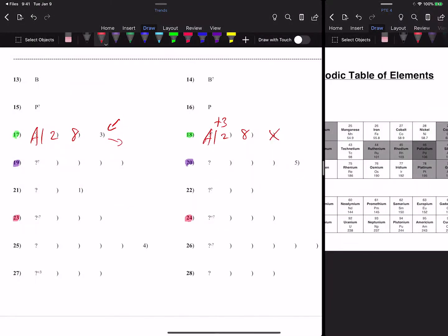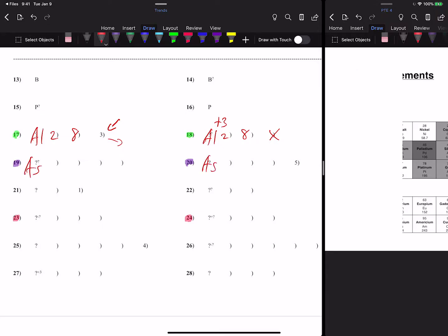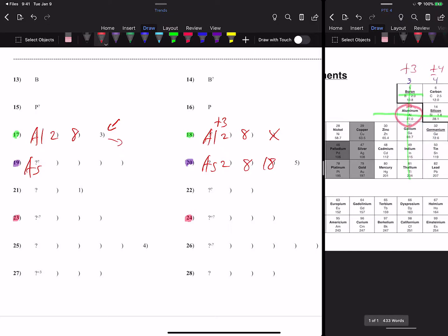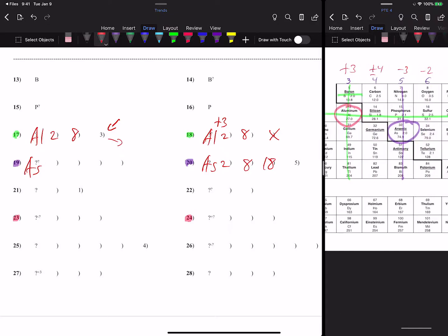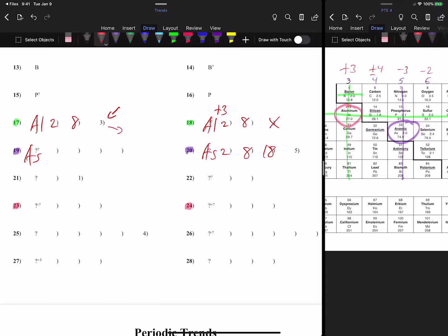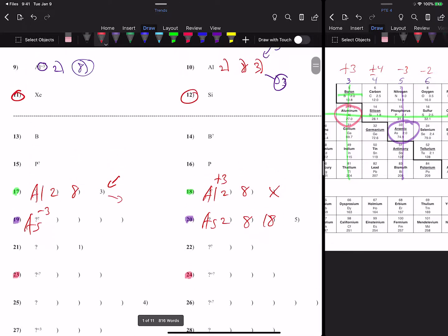So that means that this is arsenic and this is arsenic. You should finish the diagram and then either use that diagram to figure out the ion or use the labeling on your periodic table to figure out the ion. Either way, this is a negative 3.